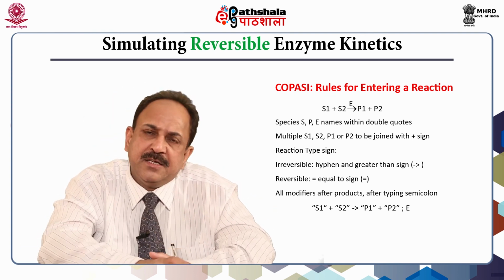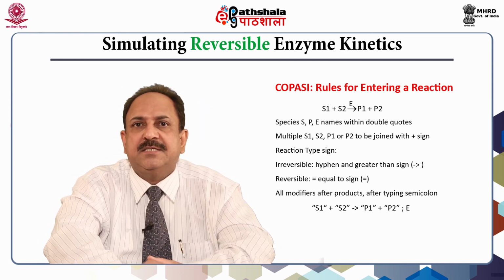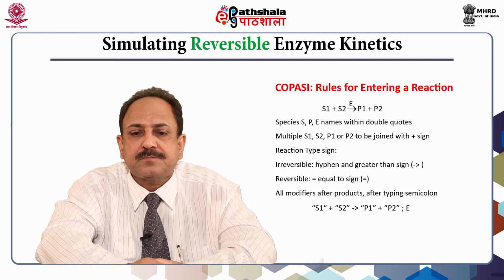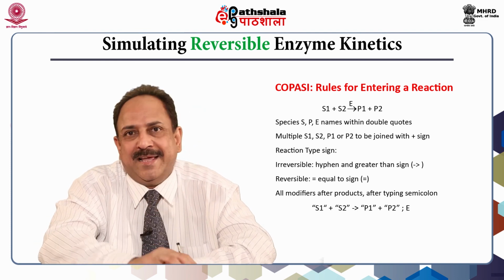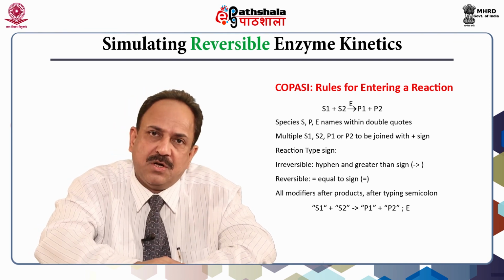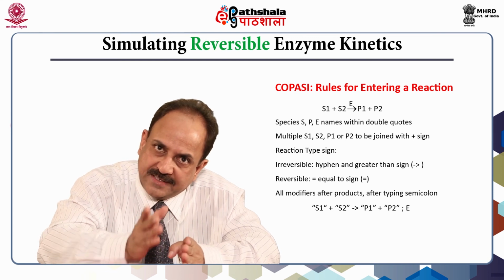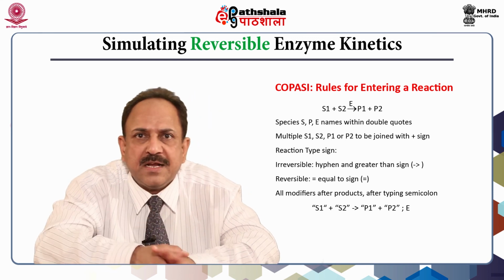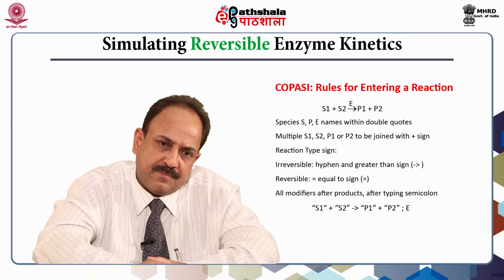This will convey to COPASI that the reaction you are going to model is irreversible. On the other hand, if the reaction is reversible, then use the equal to sign, with a space before and a space after. This will convey to COPASI to model the reaction as a reversible reaction.